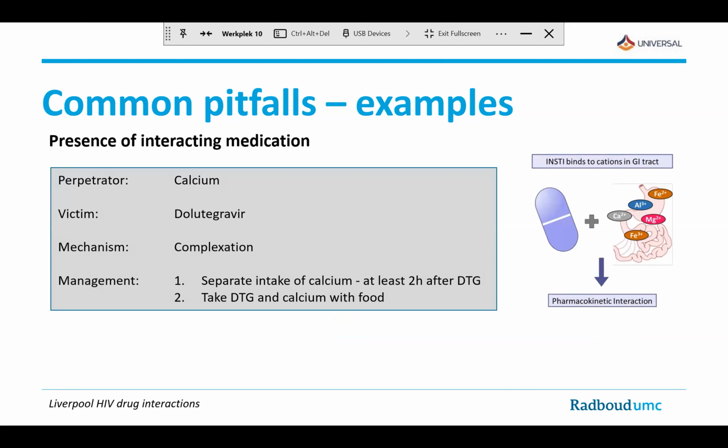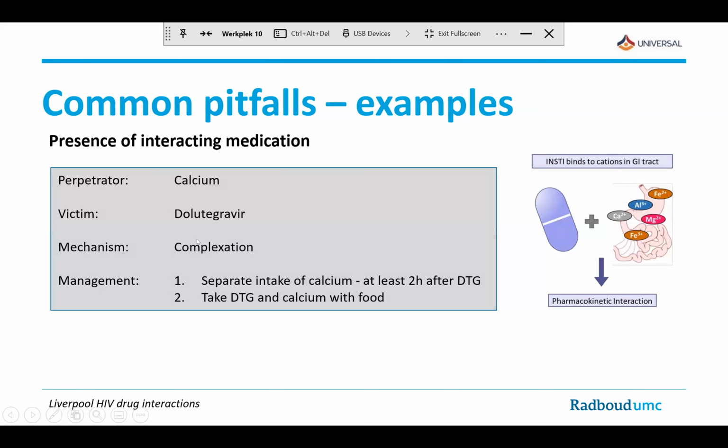And then you also have to think about interacting medication. Is it forbidden during the entire protocol, or can you give instructions on how to prevent the interaction from being present at the moment you take the pharmacokinetic curve?